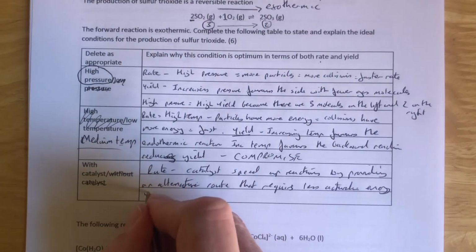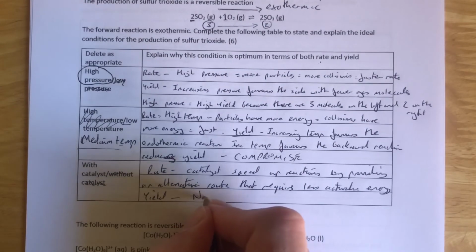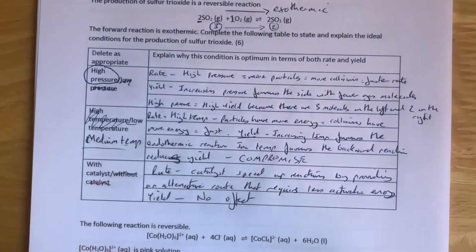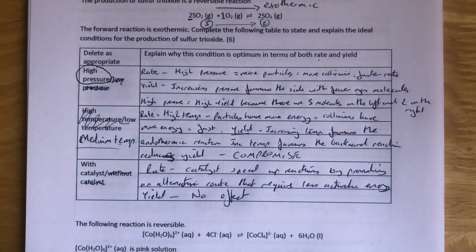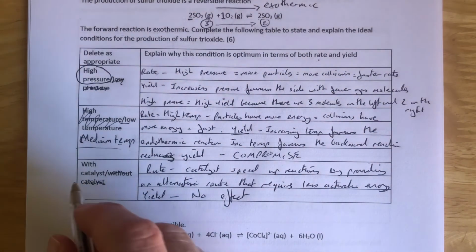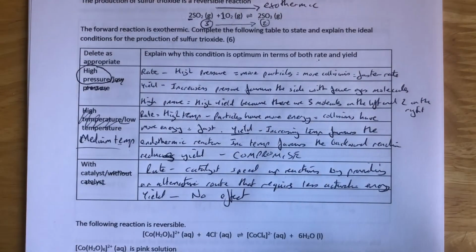Okay, yield, no effect. So catalysts speed up the forward reaction and the backward reaction, therefore they do not change the yield at all. Either way, we do it with a catalyst because it makes it faster.